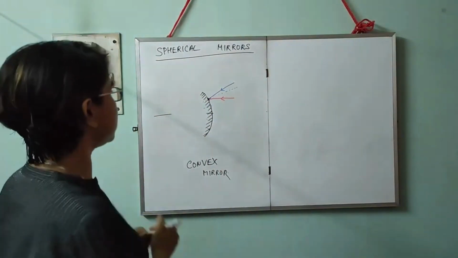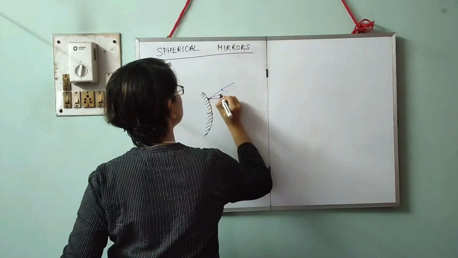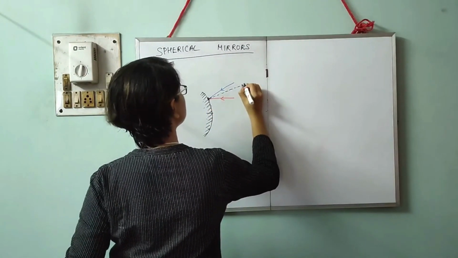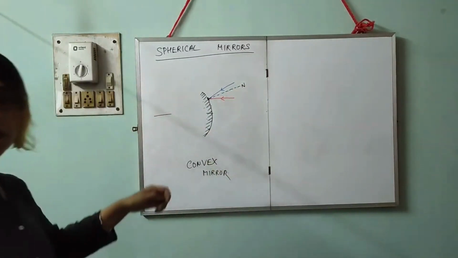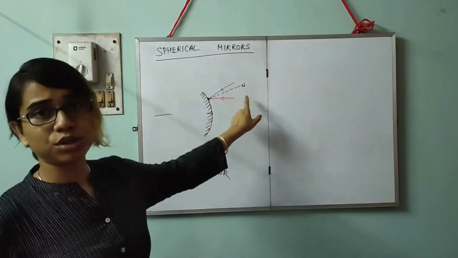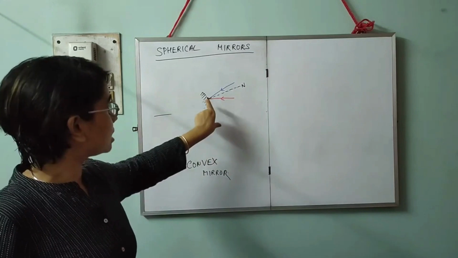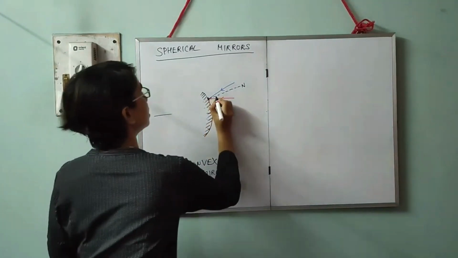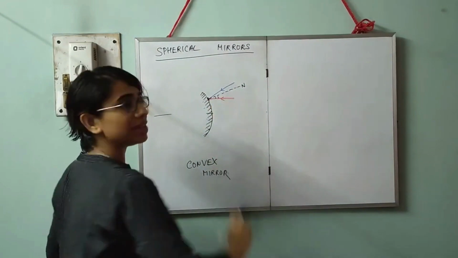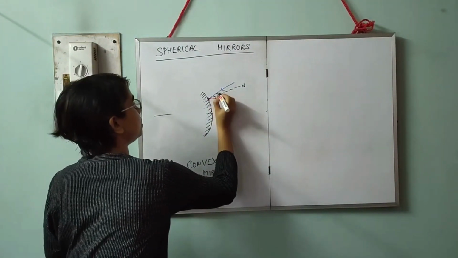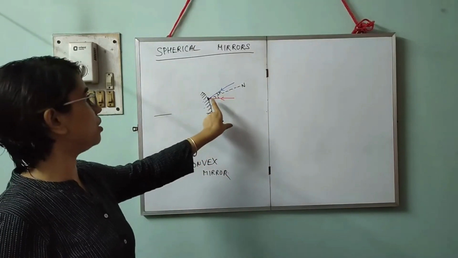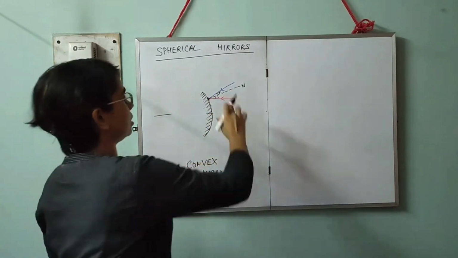Because this black dotted line is the normal to this reflecting surface, this is the angle of incidence and this has to be the angle of reflection. I cannot just draw the reflected ray to this side.